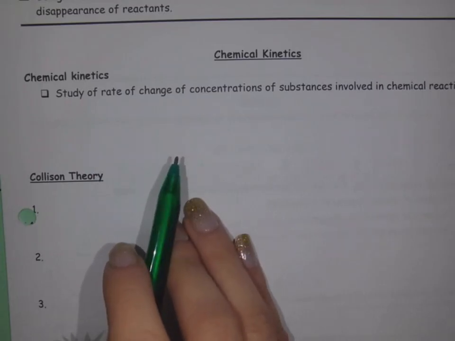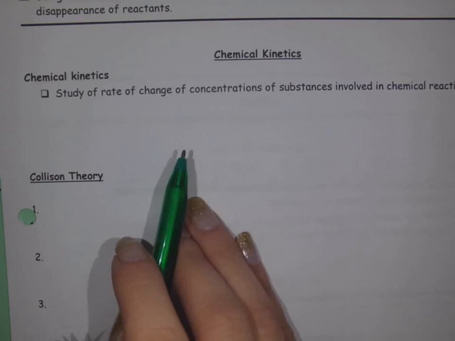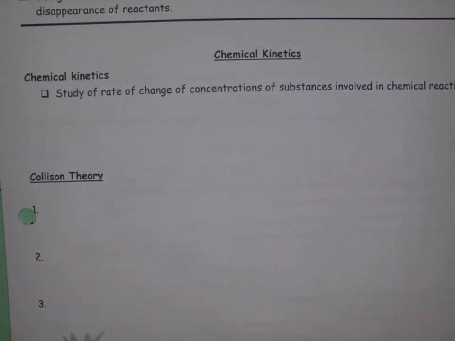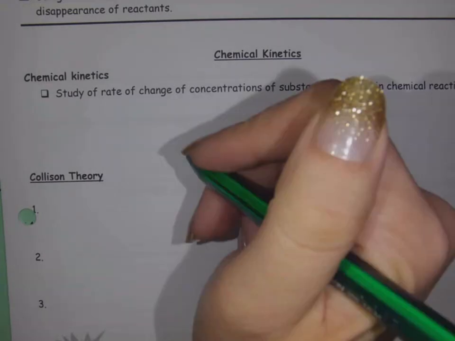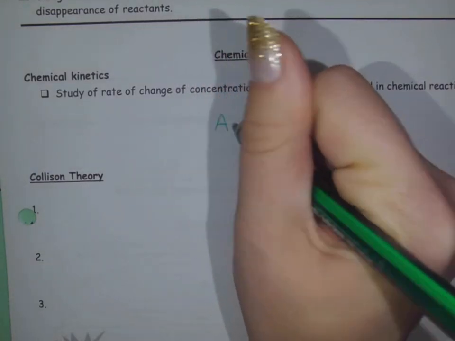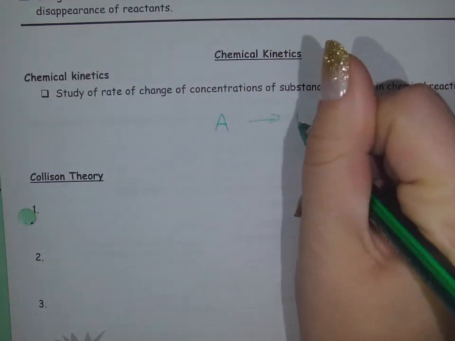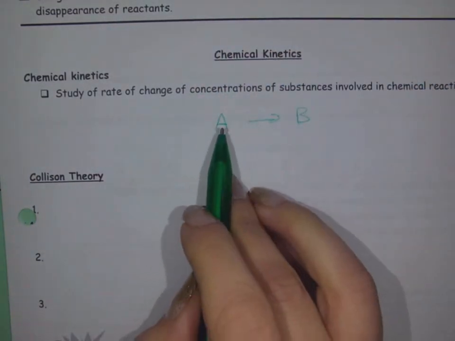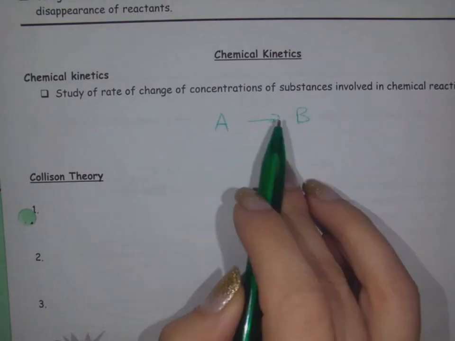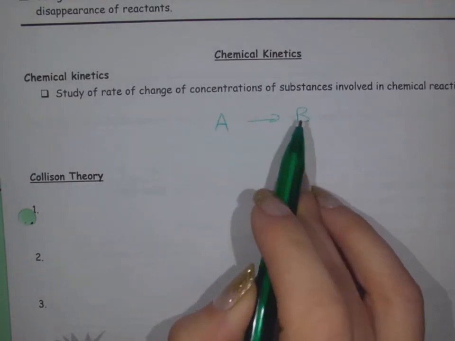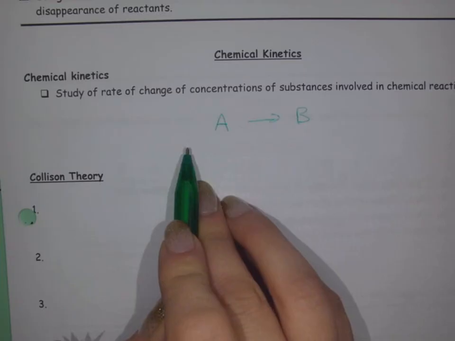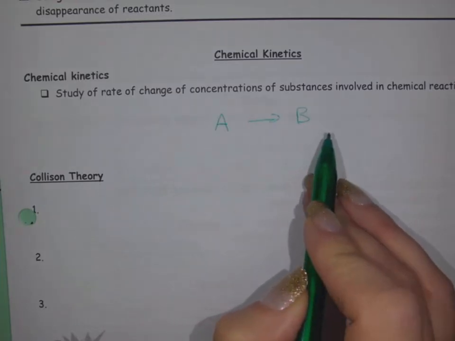Are the reactants decreasing and the products increasing? If that's the case, that would suggest a forward reaction is happening, that reactant A is turning into product B.